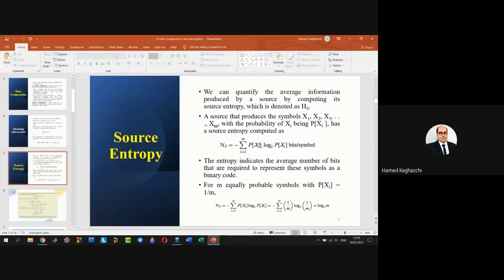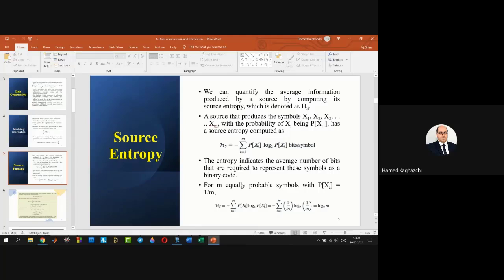In fact, we can say that this entropy H(s) indicates the average number of bits that we require to represent these symbols as a binary code.